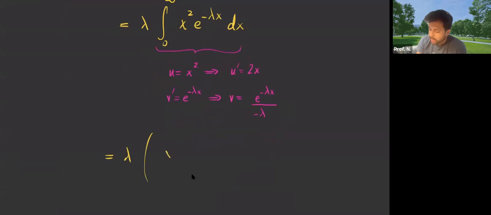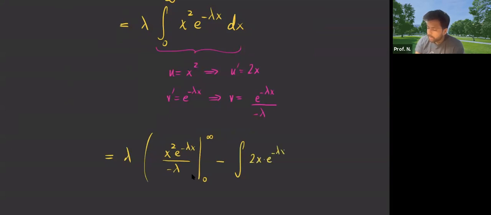So this becomes x squared e to the negative lambda x over negative lambda, defined from 0 to infinity, minus now the integral of 2x, this is u prime, times e to the negative lambda x over negative lambda dx, and this goes from 0 to infinity.